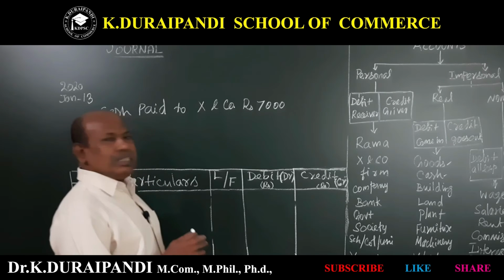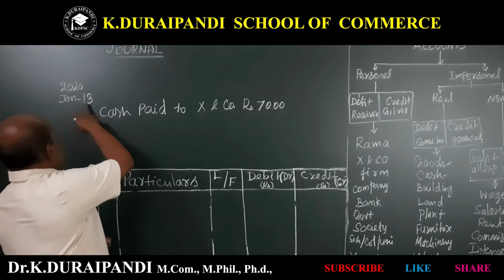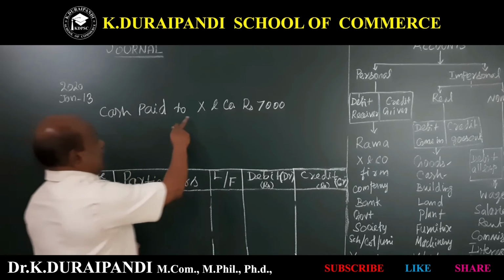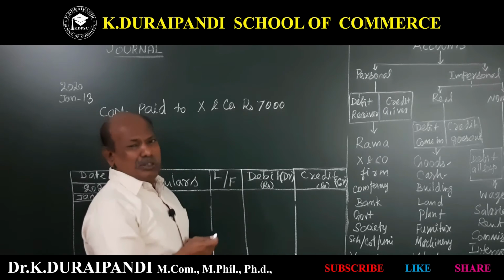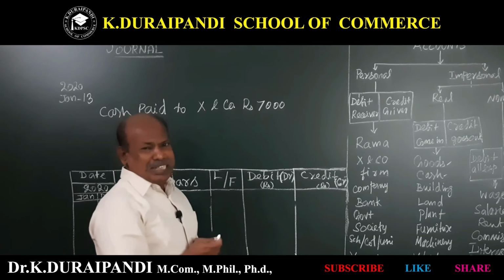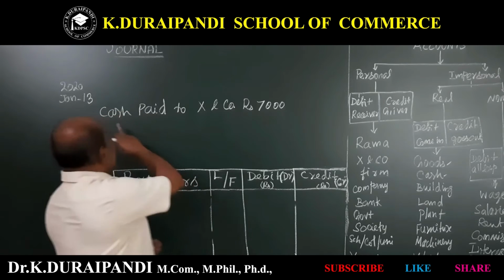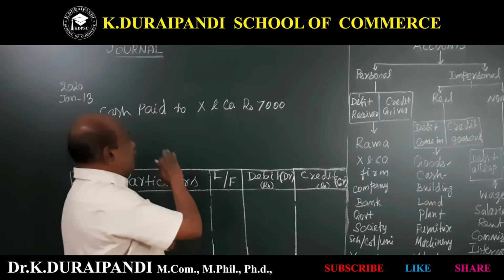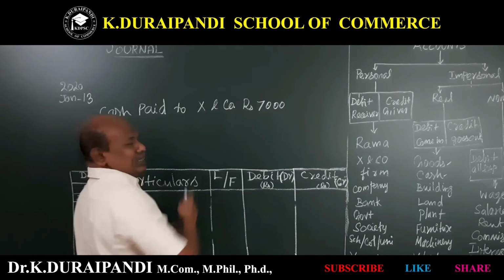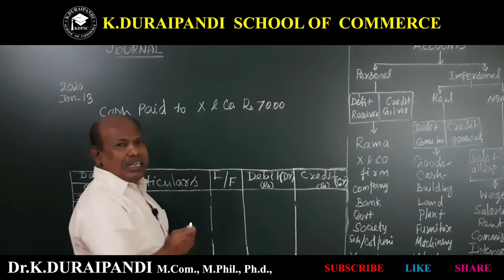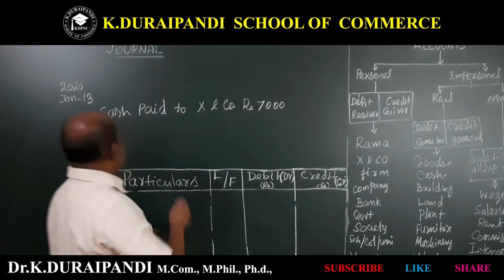Next transaction, you look here, January 13, cash paid to X and Co rupees 7,000. It is a cash transaction because we are paying cash to X and Co. So in this business transaction, we have two accounts.